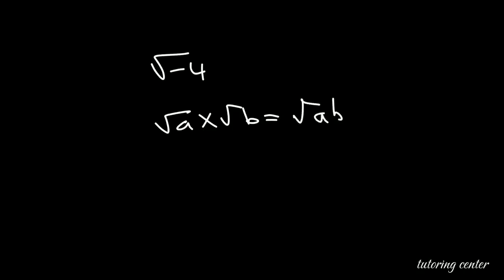So finding the square root of -4 now becomes a piece of cake, because the square root of a times the square root of b is equal to the square root of ab.